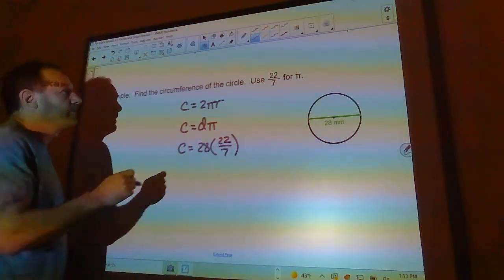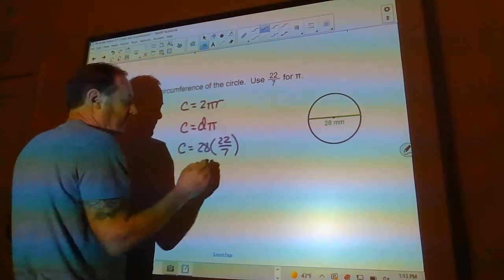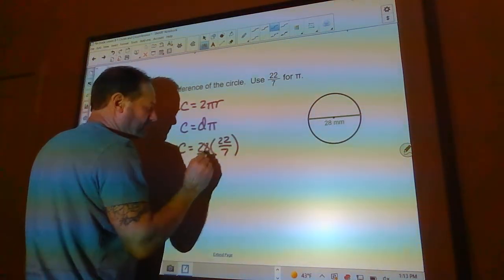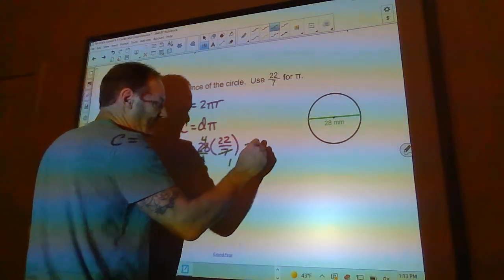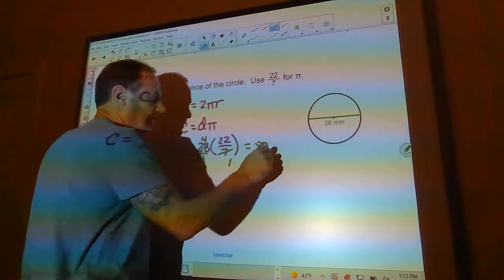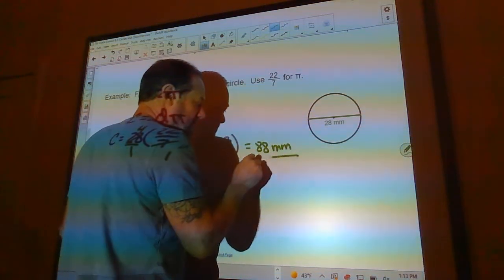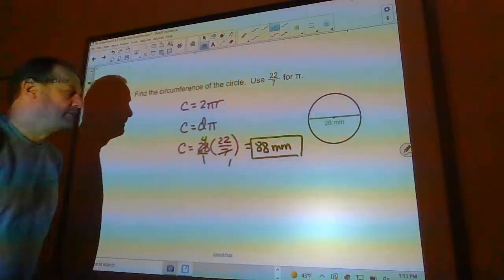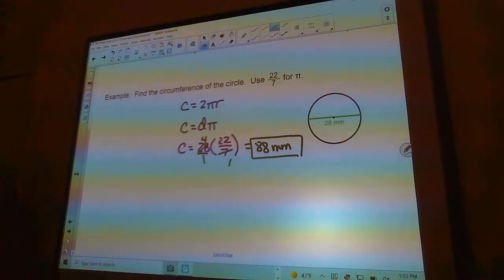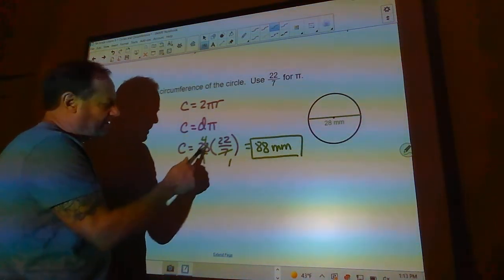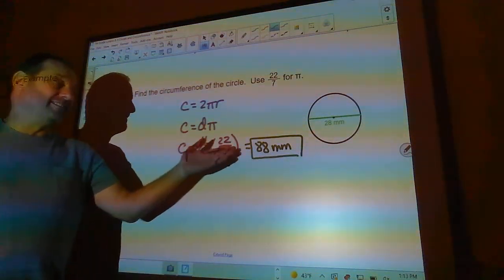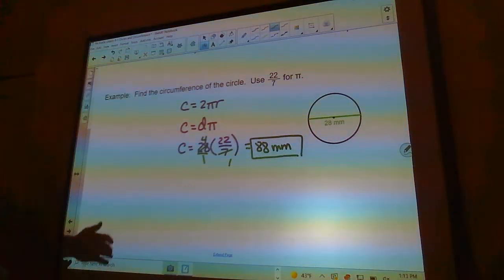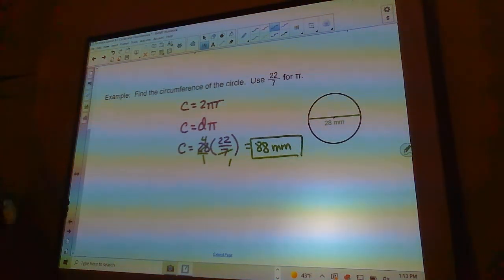Then if I put this over 1, that cancels with that, and is 4, and this comes out to be 88 millimeters. And I'm done. Like I said, when you've got a diameter or a radius that's a multiple of 7, you get really nice, whole number answers this way, and that's a lot of why they use 22 over 7.